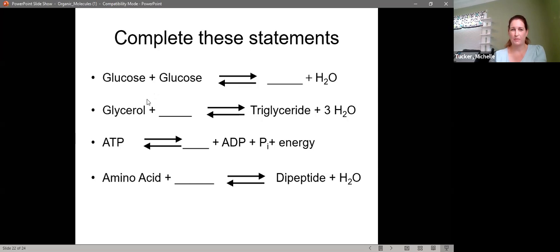Glycerol plus what component? You need 3 what to make a triglyceride? They can be saturated or unsaturated.